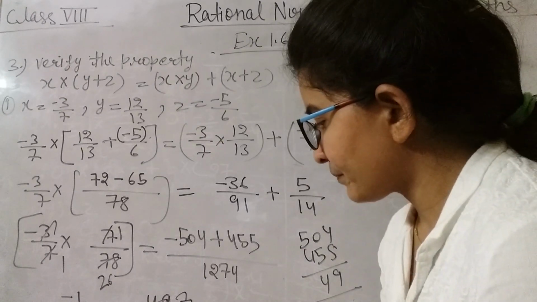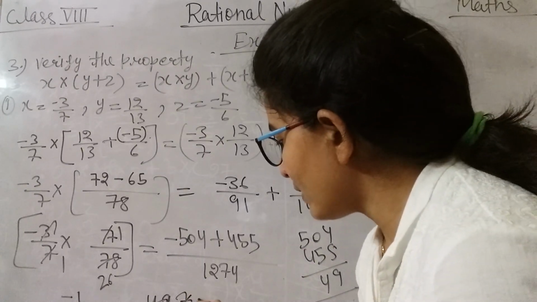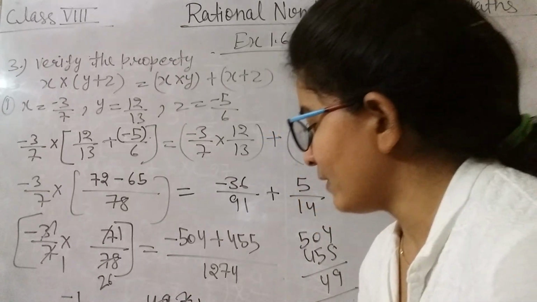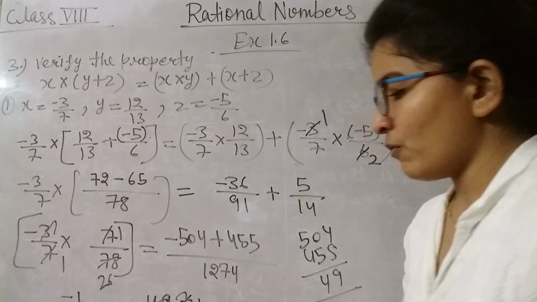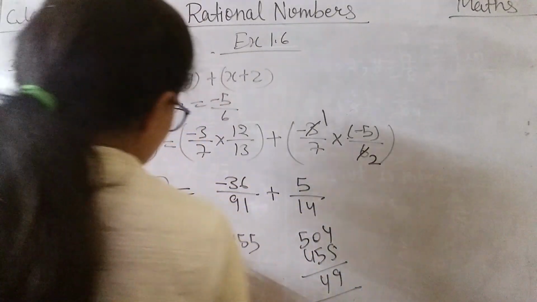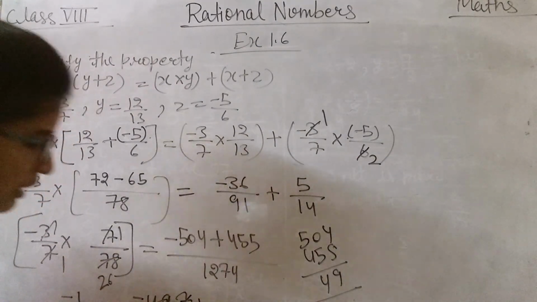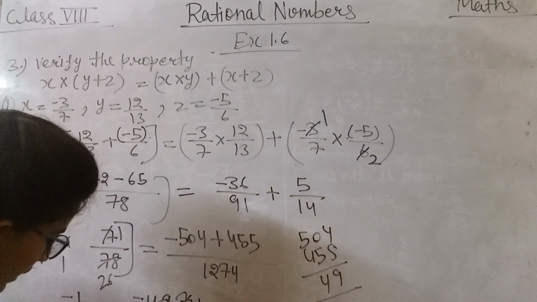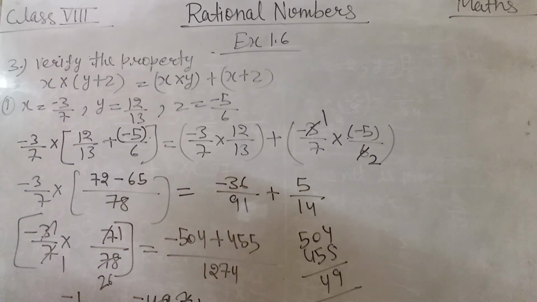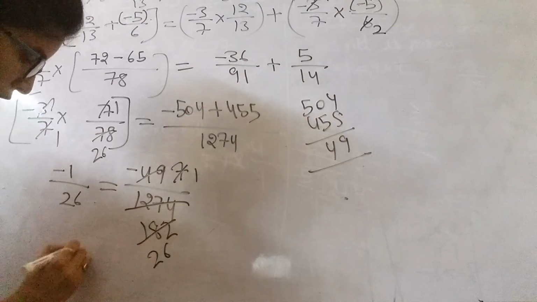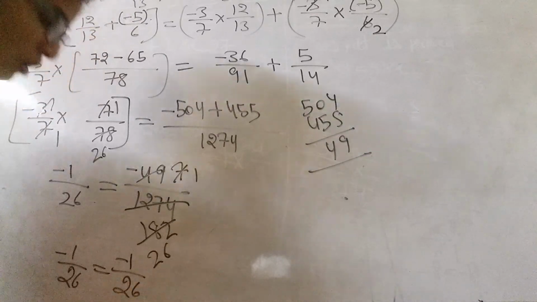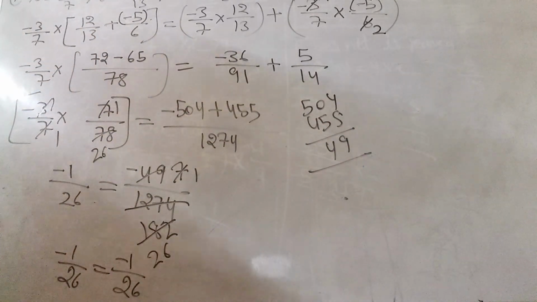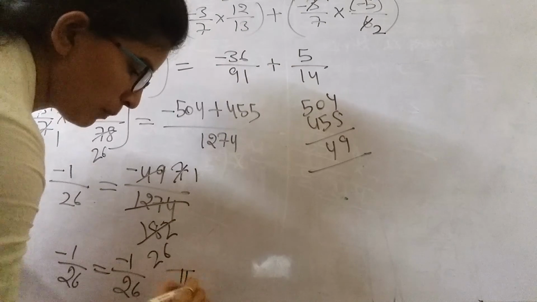Now again 7 ones are 7, 7 twos are 14, and we have 4 here, that is 7 6s are 42. So we will take a sign of minus, that is minus 126, minus 126 is equal to minus 126. So the left hand side is equal to right hand side, thus the property is proved.